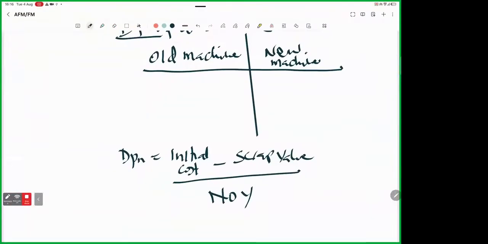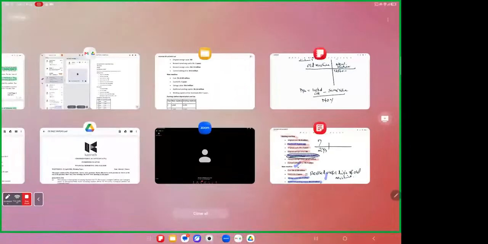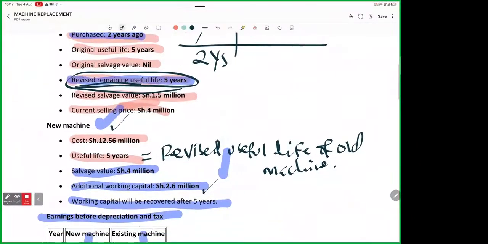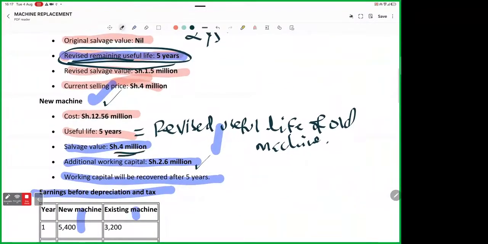When I'm talking of the new machine, I can see the cost of the new machine. You had given this to me. Do you remember the new machine? It was 12,400, somebody? Was it 12,560? Minus the scrap value. The new machine has a scrap value of 4,000.